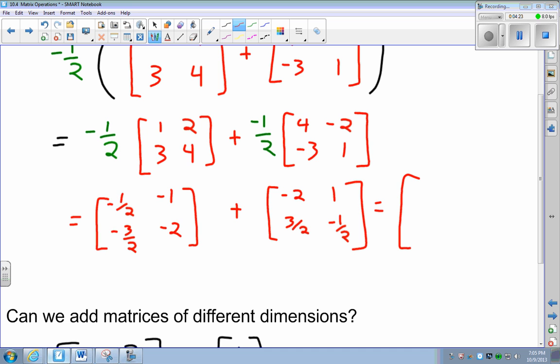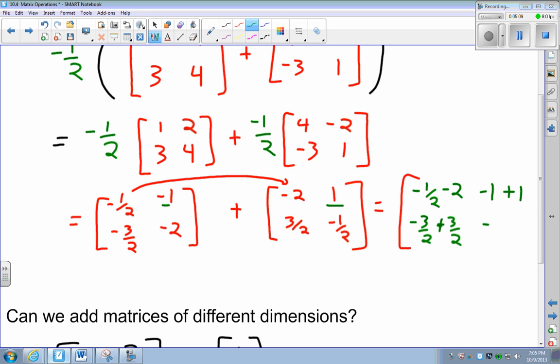Remember, we combine each element of the matrix. Here, our negative 1/2 is combined with our negative 2, so I have negative 1/2 minus 2. Then we'll have negative 1 plus 1, looking at these 2. Then we'll have negative 3/2, sorry, plus 3/2.